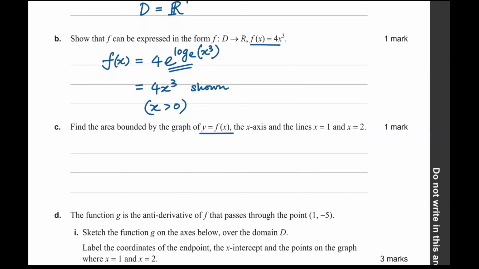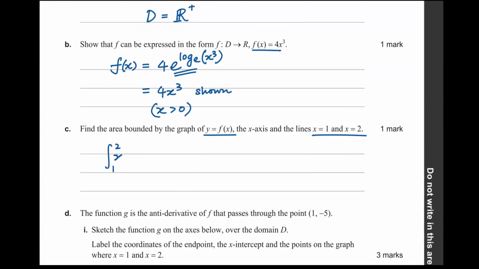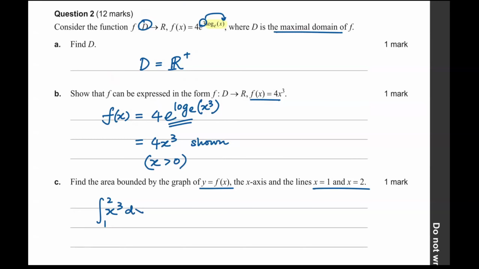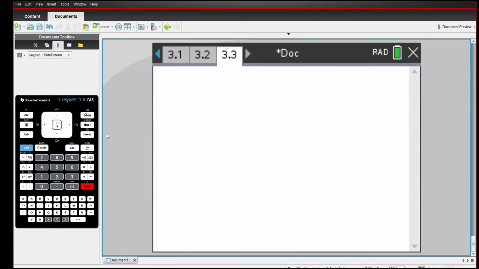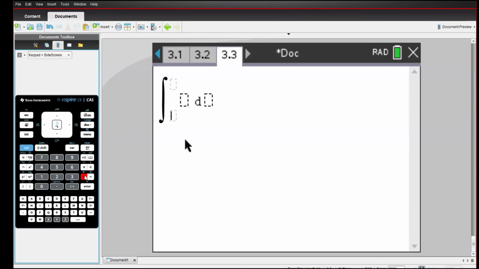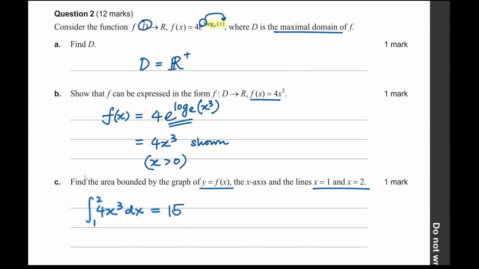So area bounded by the graph f of x, I just go for 1 to 2, the integral of 4x to the power of 3 dx. Shift plus 1 to 2, 4x to the power of 3 dx, 15. 15 square units, okay?